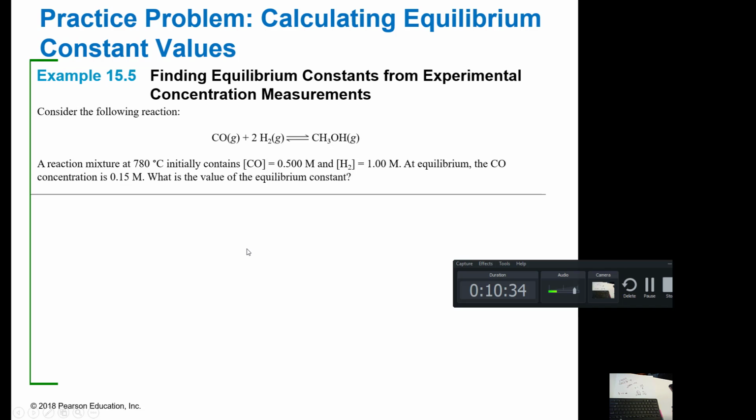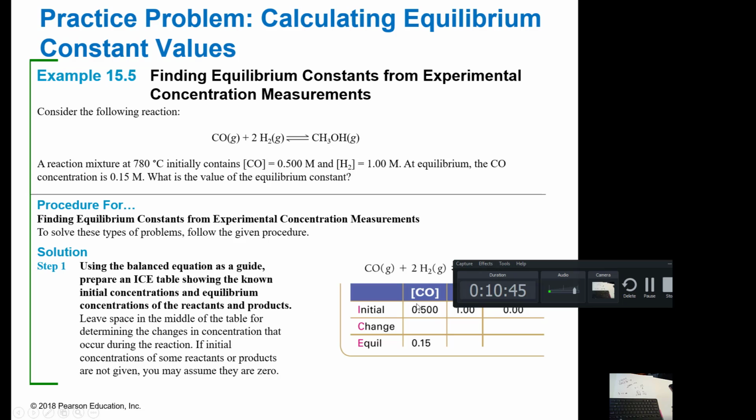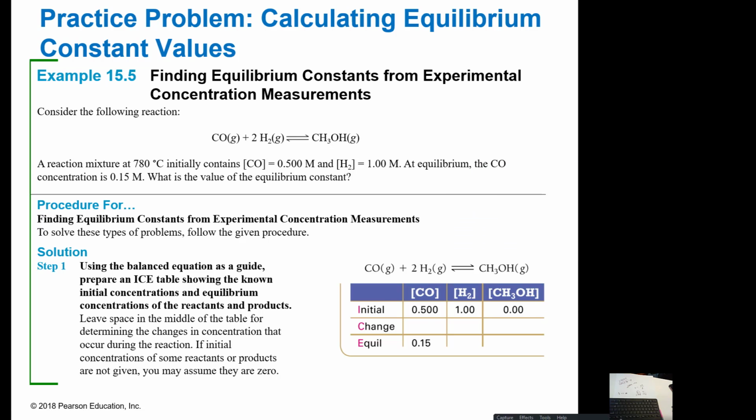In order to do this kind of calculation in equilibrium, the main type of calculation is the ICE format. I'll show you how the ICE format works. So this is ICE. It stands for initial concentration, change, equilibrium.